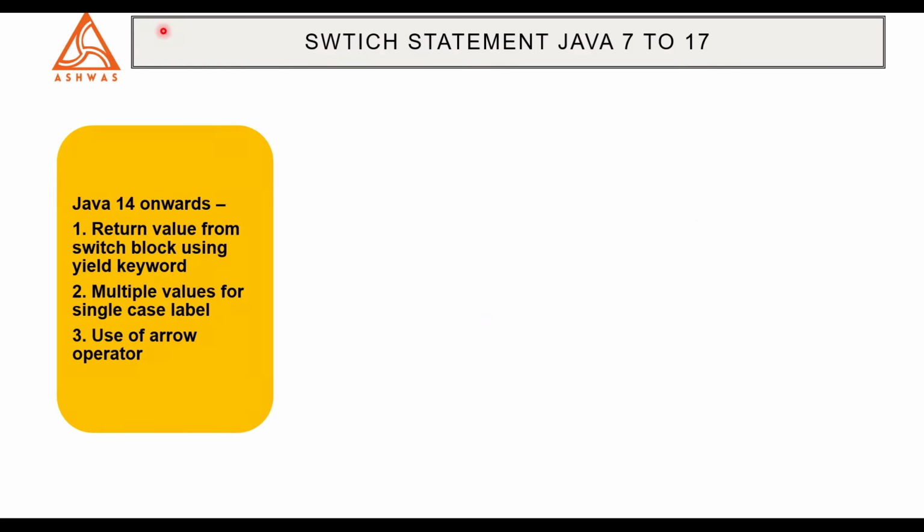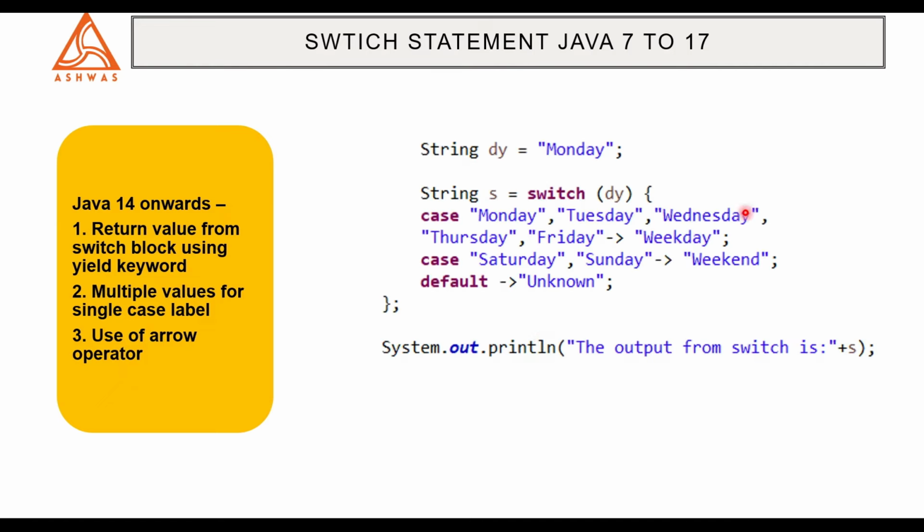Moving ahead, by Java 14, in addition to the return value and multiple values for single case labels, I now had use of the arrow operator allowed within switch expression. I'm going to continue doing the same thing, but my approach of handling the case is going to be different. I'm passing Monday as my value. It enters the switch expression, but now after the comma separated case labels, look at what I have.